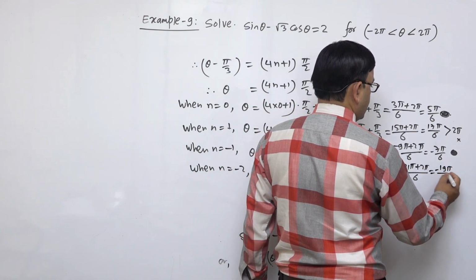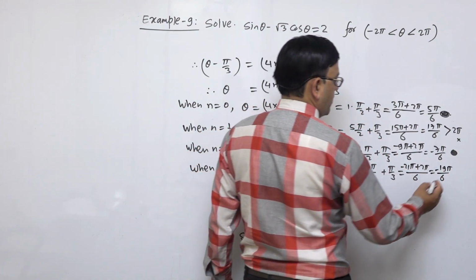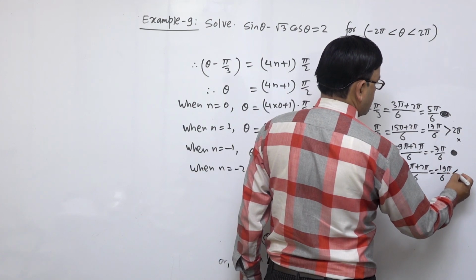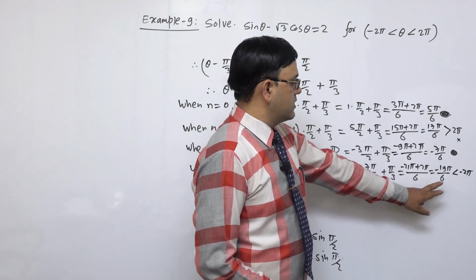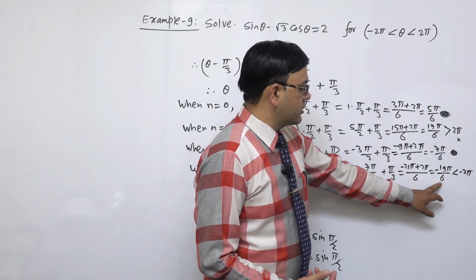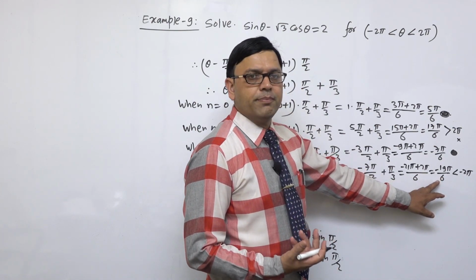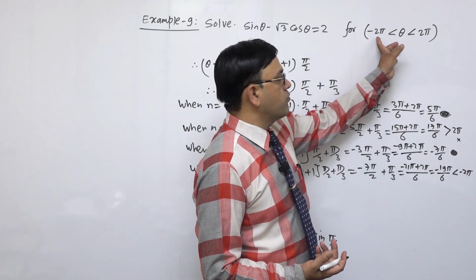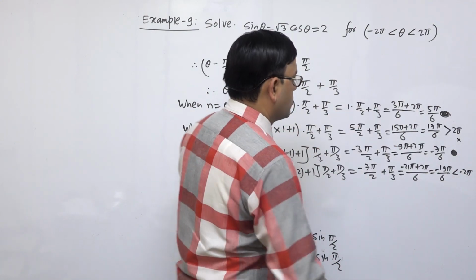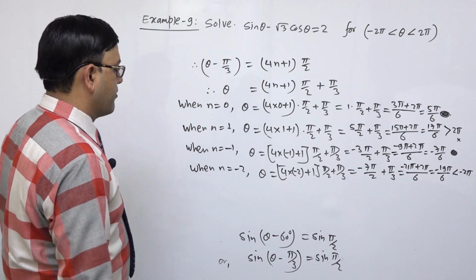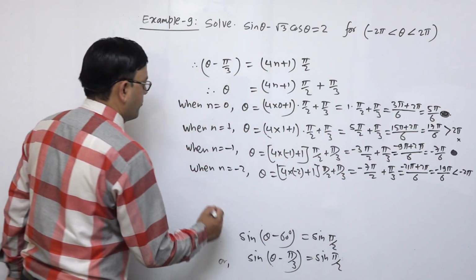Minus 19 pi by 6. This is minus 3 point something pi, which is less than minus 2 pi, because 6 times 3 is 18. Here our interval goes only up to minus 2 pi, so this is smaller and does not fall inside. Therefore, our required answers are only these two.